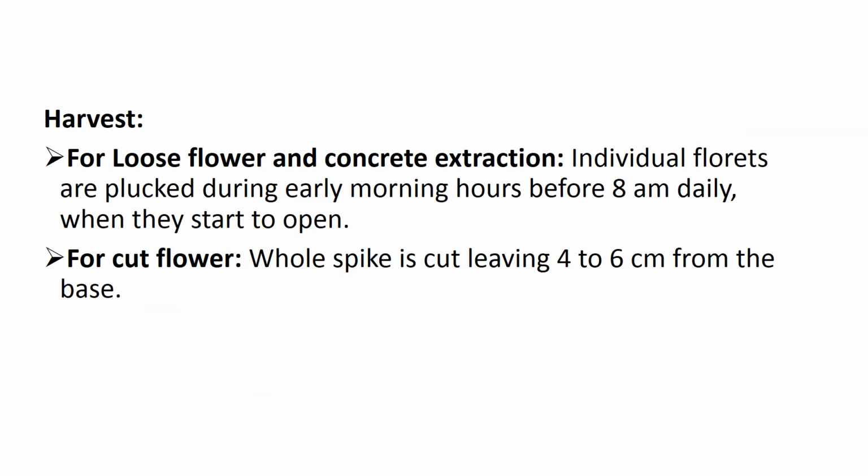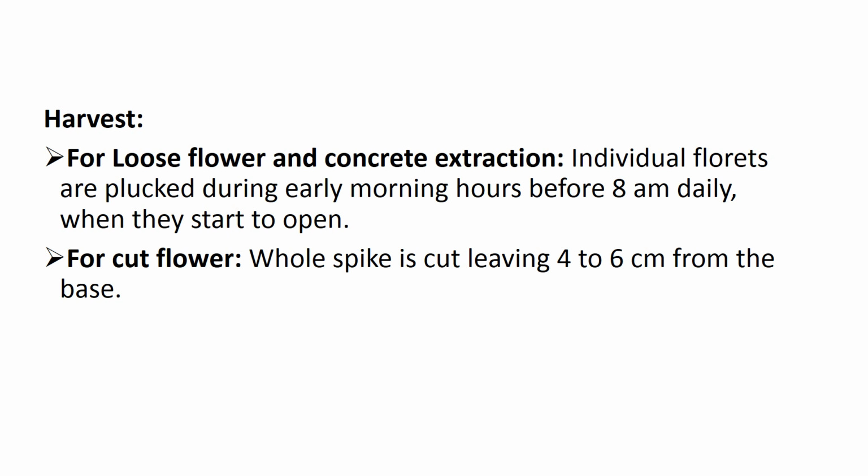Before going to harvest, you should know the difference between loose flower and cut flower. Loose flower is the flower which has been plucked from the plant without stem. Just mark it, without stem. But in case of cut flower, there may be some stem, maybe some leaf. This cut flower is used specifically for ornamental purposes.